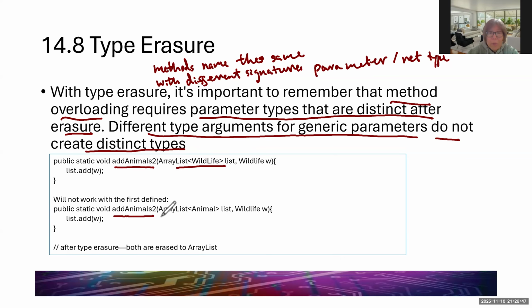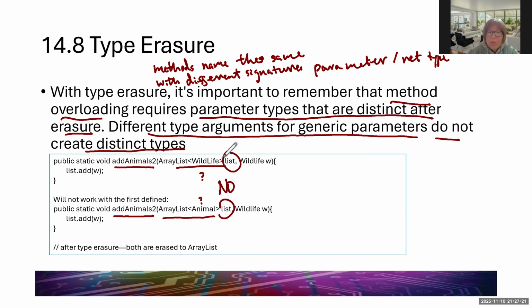Here we still have the same name, but for this parameter, what we plug in is an Animal ArrayList, here's a Wildlife ArrayList. So will this be considered as method overloading? No, this will not. This will have an issue.